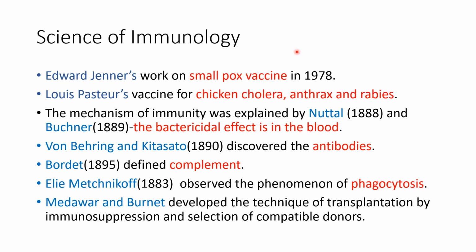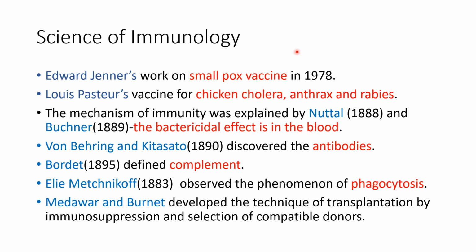The first very important contribution to this field was done by Edward Jenner, who developed a vaccine for smallpox disease in 1798. We all know the story. Of course, you will be again going through it in History of Immunology.